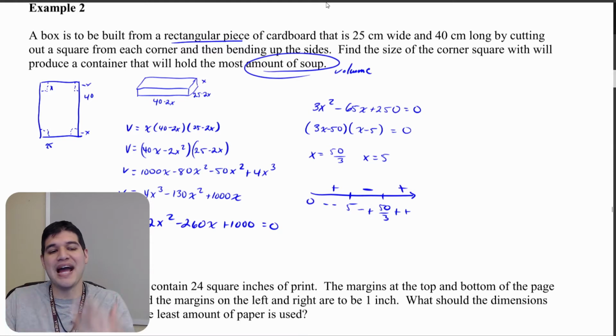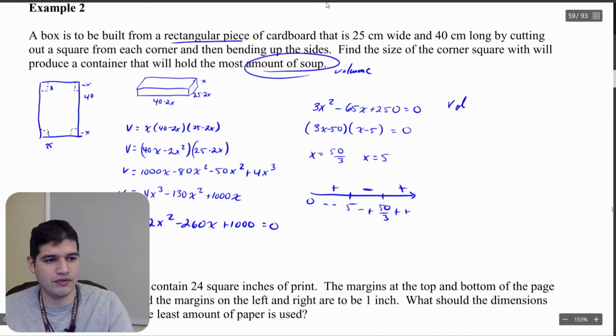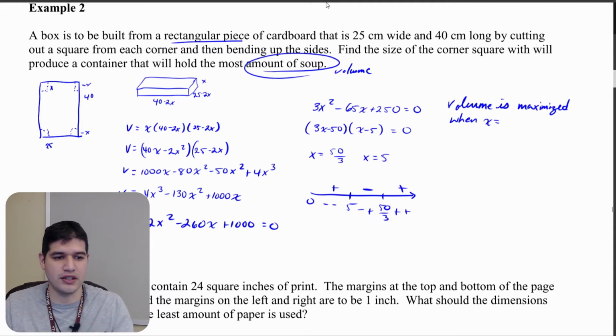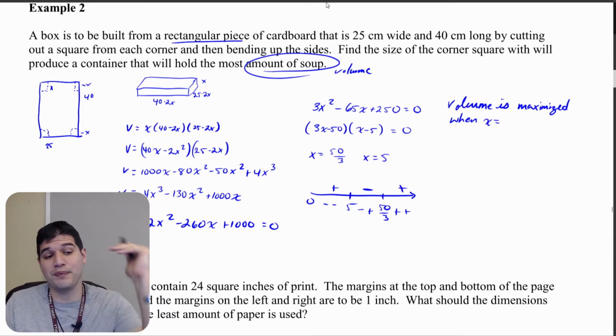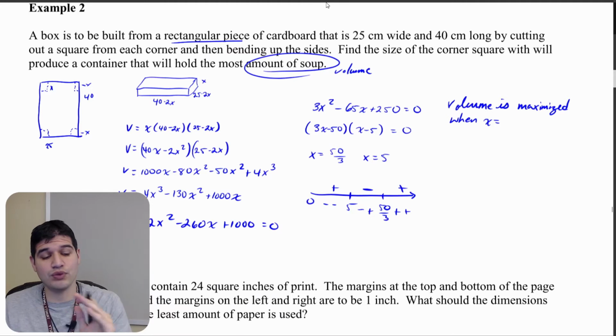Well, we want to maximize. So where do I maximize in this sign chart? Well, I get a maximum. So let's actually write here, volume is maximized when x equals, so is it going to be 5 or 50/3? At 50/3, we're going from negative to positive, and at 5, we're going from positive to negative. So that gets us the maximum at 5. So when x equals 5.